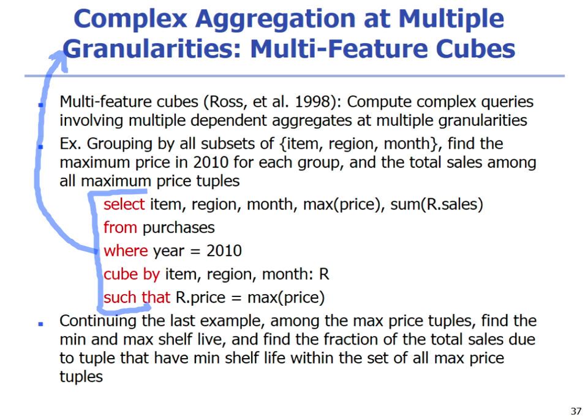Maximum price in 2000 and the total sales amount. Here R represents all the prices.